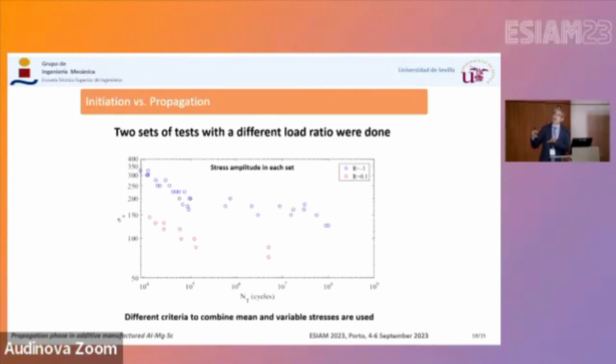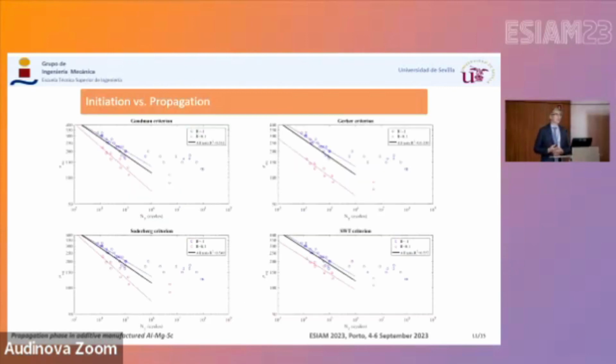So now we want to see if using different criteria, we can make these two sets of data collapse together. So we tried first the typical criterions like Goodman, for example.